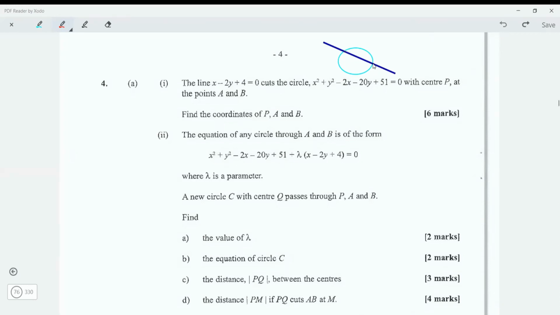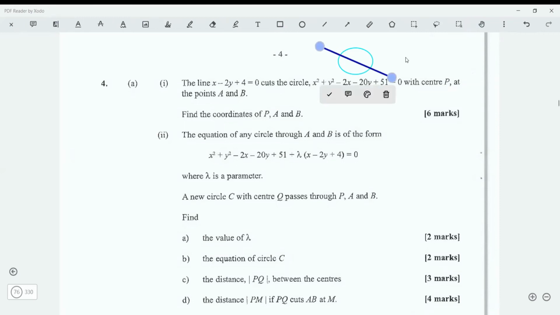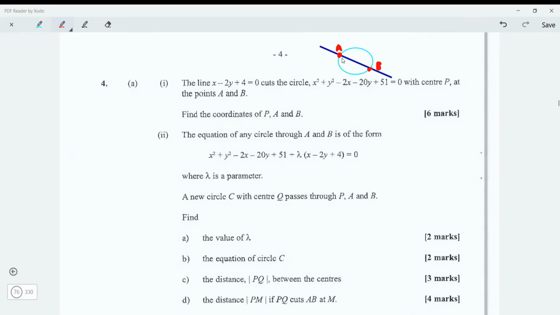Not only that, but this line passes through the center of the circle. So find A, this would be A, one point of intersection, this would be B, and then once you find the 2 points, P is the midpoint.